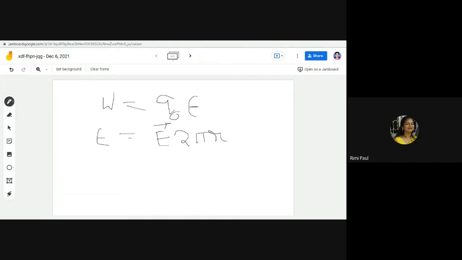Now, if I write here that epsilon is equal to closed line integral E dot dl.